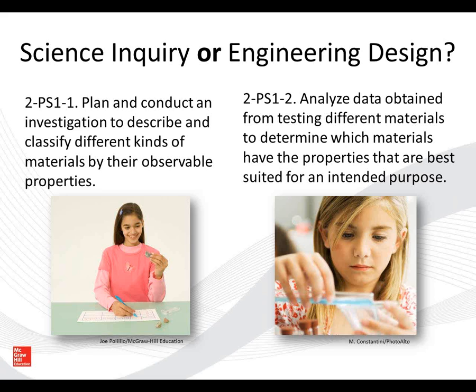So the first one, plan and conduct an investigation to describe and classify different kinds of materials by their observable properties. Now, I'll interpret this given what I've been saying earlier. So to classify means to determine that these materials are like this, those materials are like that.